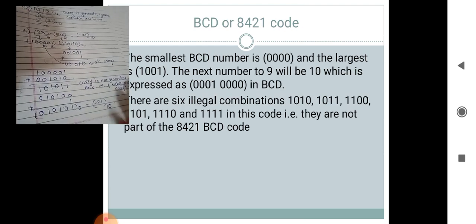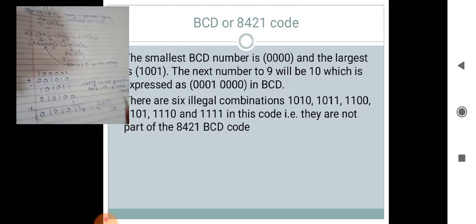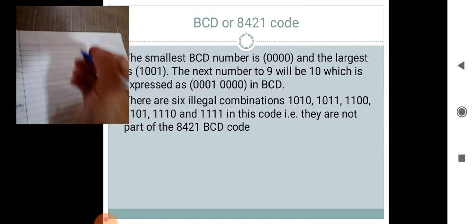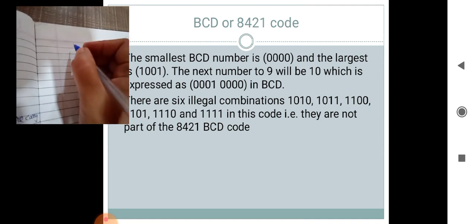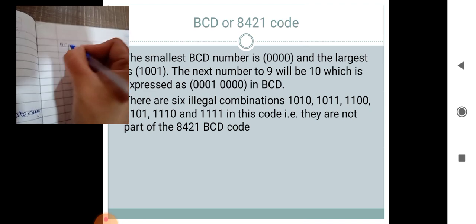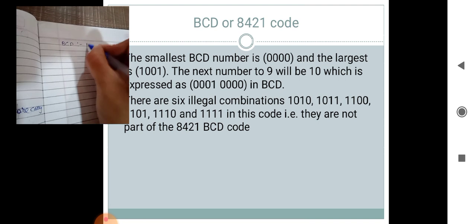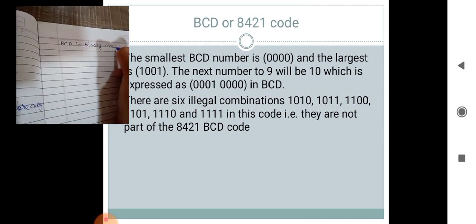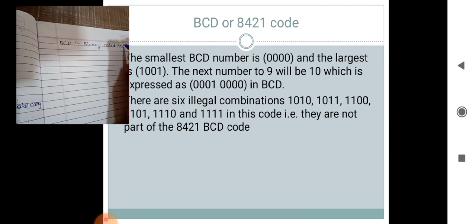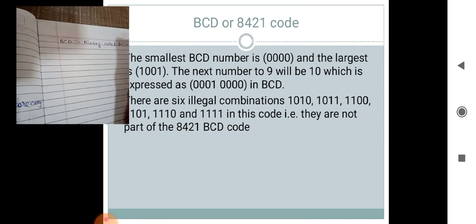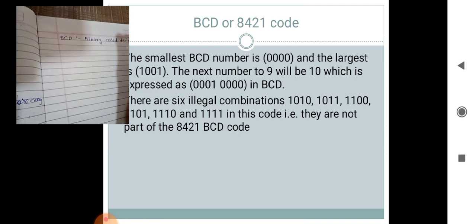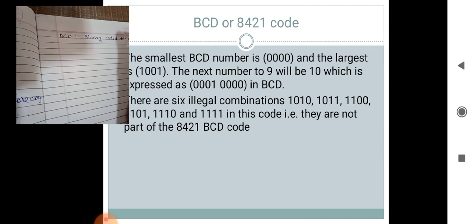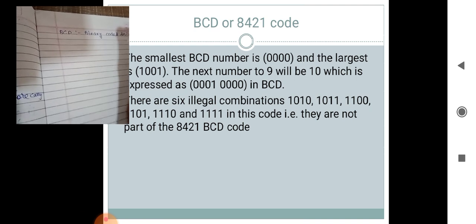Now what is a BCD number? BCD is another code given to numbers. BCD means binary coded decimal. That means the BCD code can be used to represent each decimal digit as 4-bit binary.